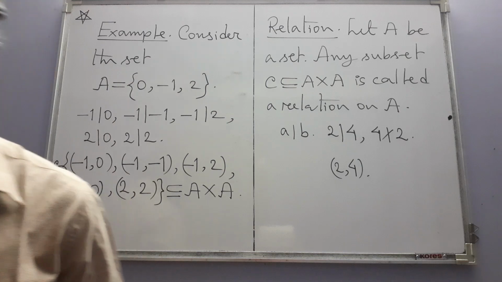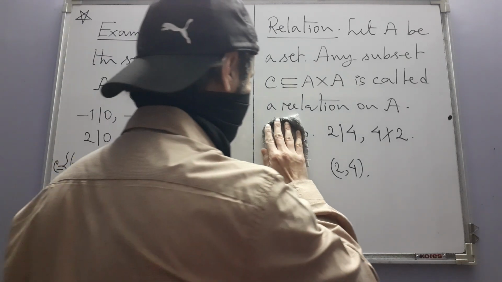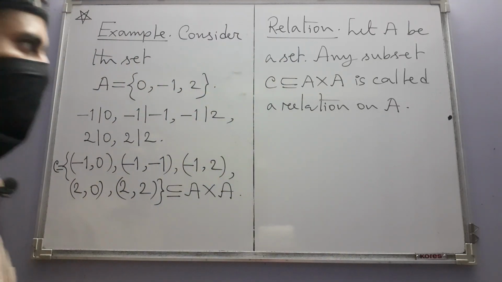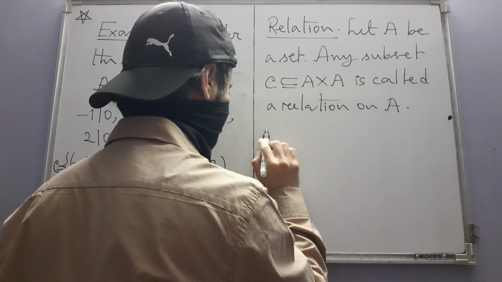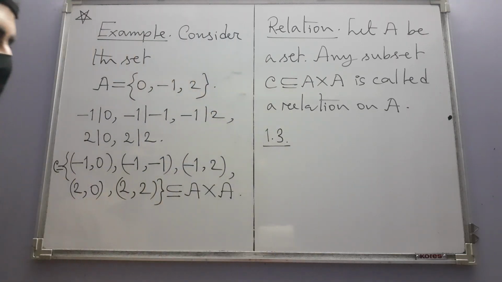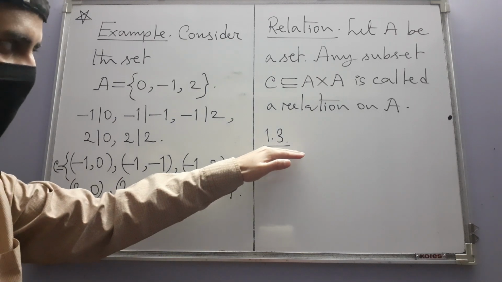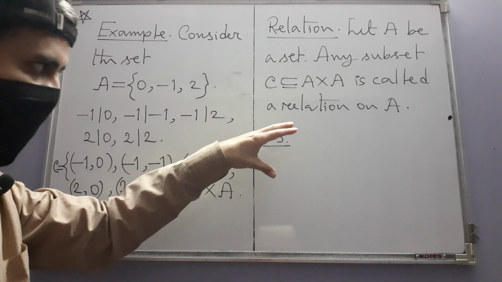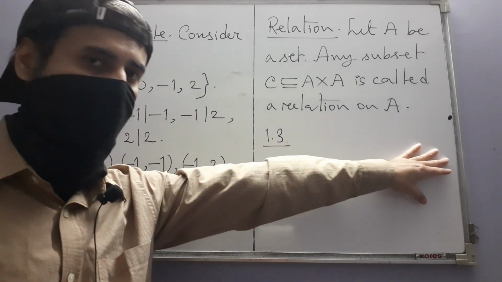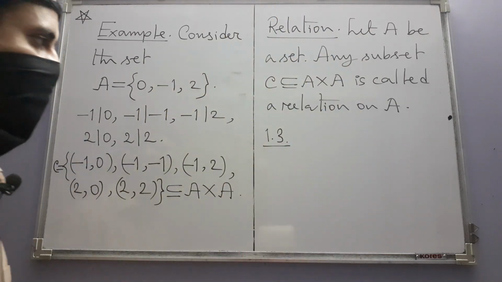Okay, so this is nothing new to us, but now we are going to see the notion of ordered relations. And this is found in the third section of the first chapter. So the third section we are going to see, but from this point, not fully. I mean, before the notion of ordered relations, you have equivalence relations, those things, we already know about them.